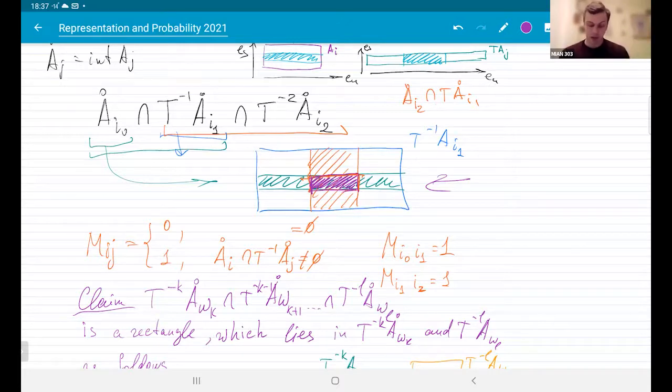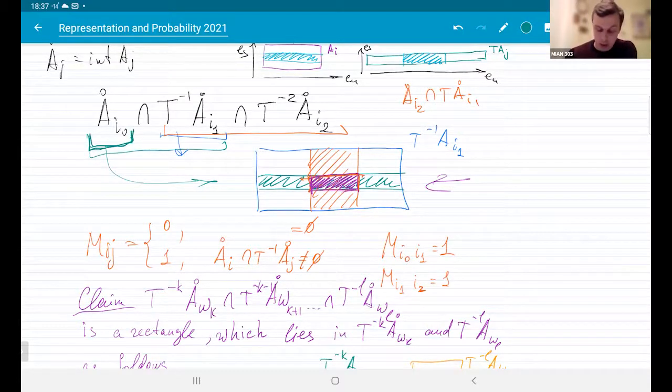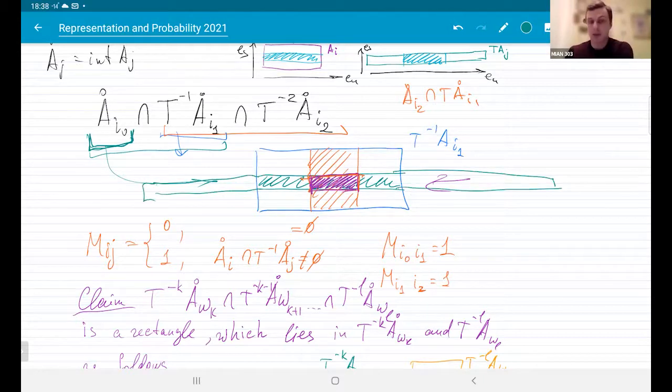Well, now if I want to draw this, then this is in fact a long stripe that looks like this. So inside this long teal stripe, we first consider its part that lies inside the blue rectangle. This is a somewhat smaller stripe, and inside this stripe, we take another stripe, the intersection of the blue rectangle with the orange one, and this intersection cuts a substripe inside this.